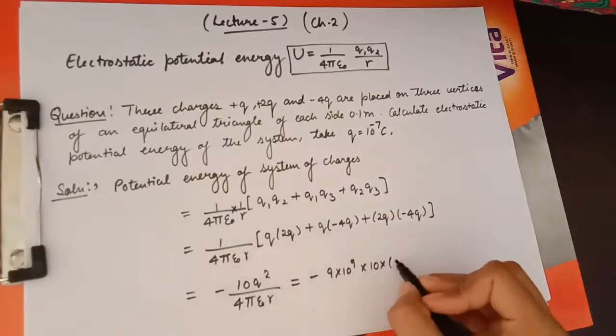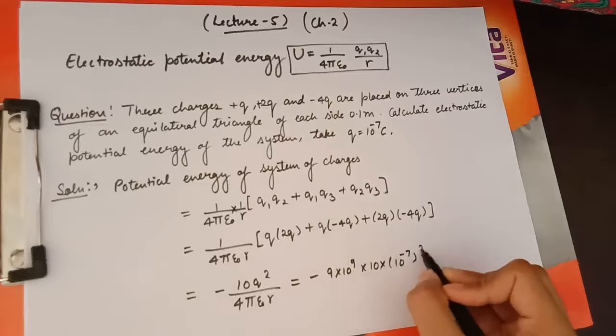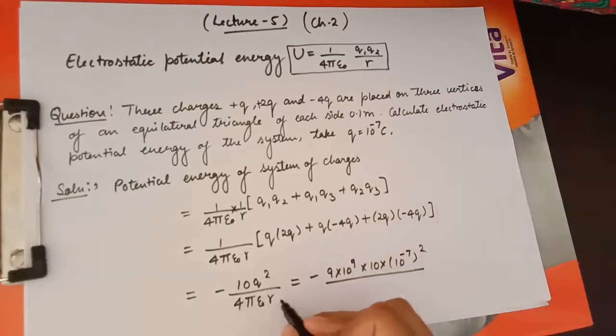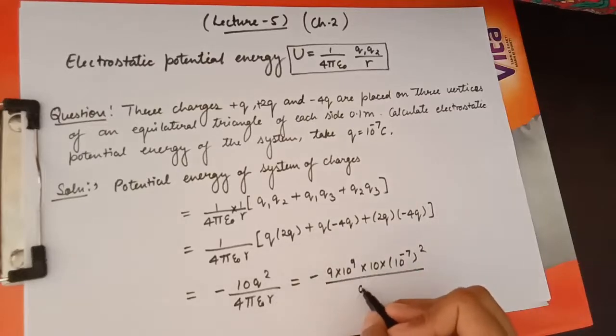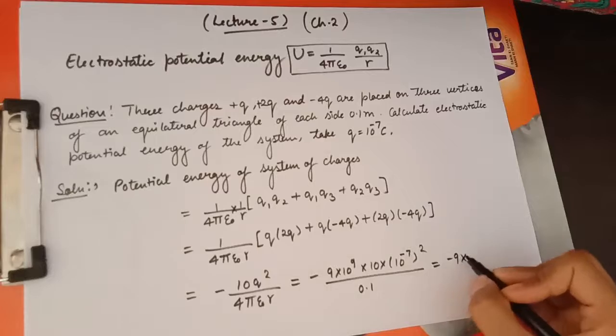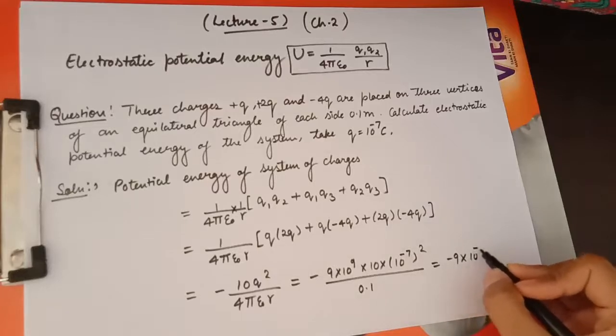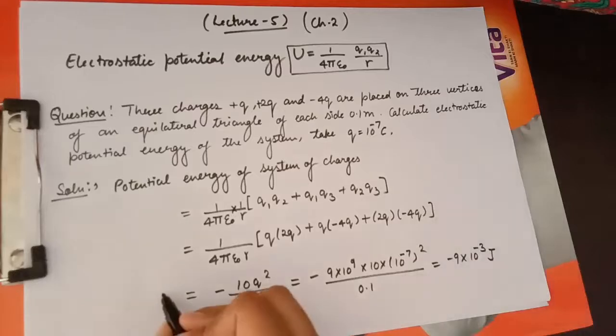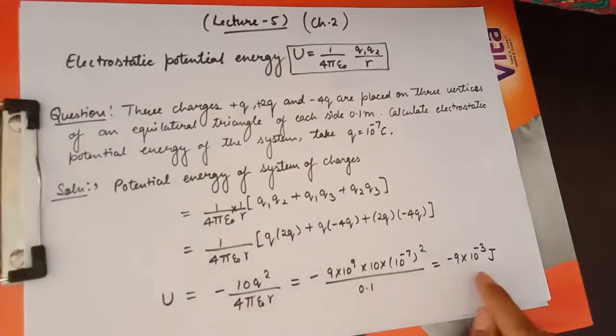In the place of Q I have 10 raised to power minus 7 square divided by R. R is 0.1. So after calculating this, I get minus 9 into 10 raised to power minus 3 joule. So the potential energy of the system comes out to be minus 9 into 10 raised to power minus 3 joule.